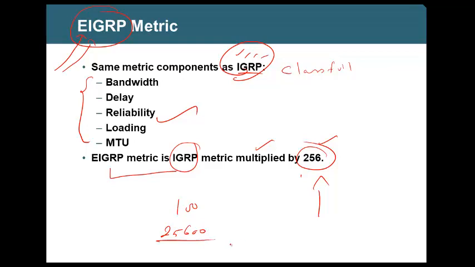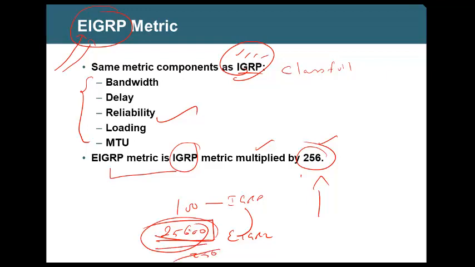This is the IGRP metric, and for the same route in EIGRP it is 25600. What do you do if you want to know the IGRP metric? You just divide this by 256, you will get 100.